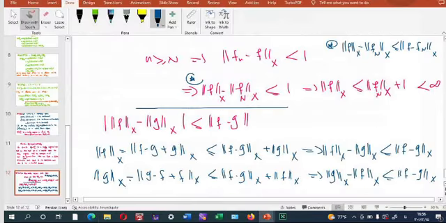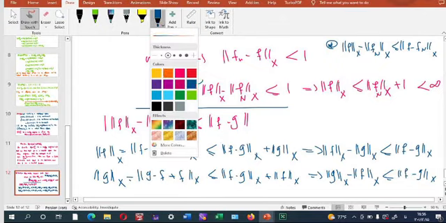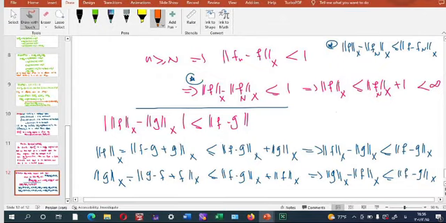Please note that the constant function 1 is a continuous and bounded function on X. We know that in all topological spaces constant functions are continuous, and constant functions are bounded because the value of this function is less than or equal to 1.